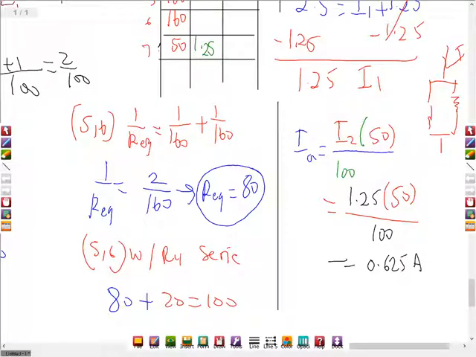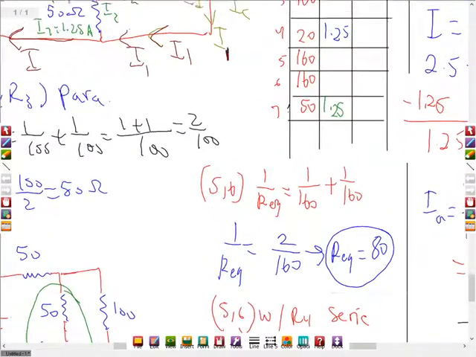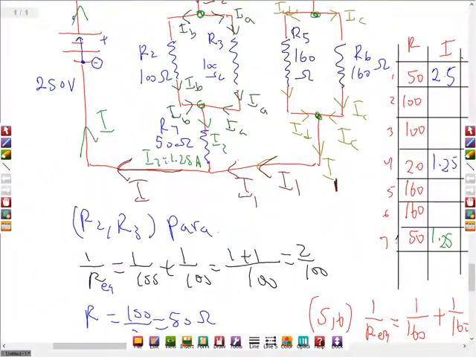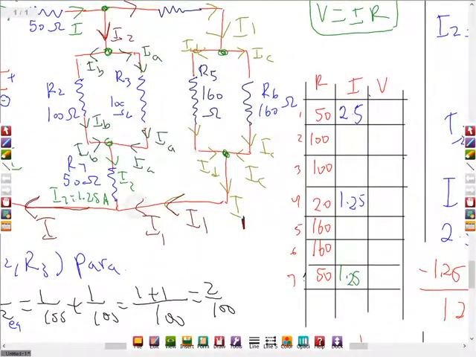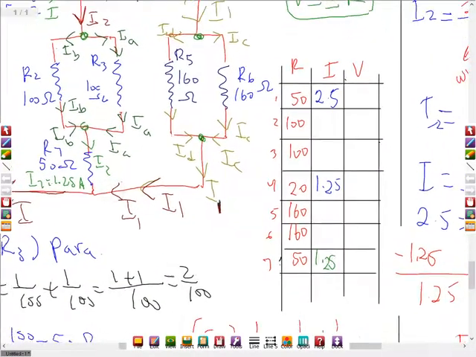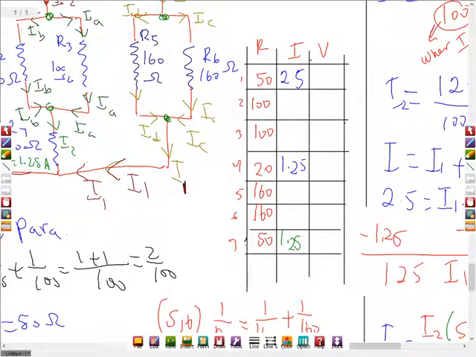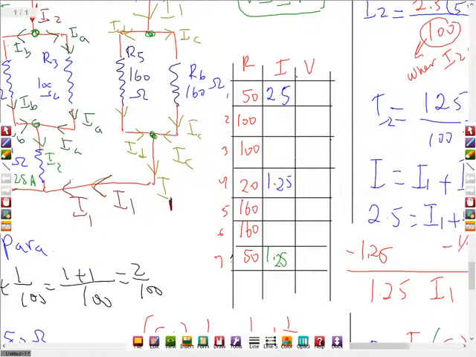Since the resistor for A and the resistor for B are the same, 100 and 100, then we have the same exact current, 0.625. And 1.25 for which resistors? Let me just make sure from my resistance, which is 2 and 3. 2 and 3, 160.